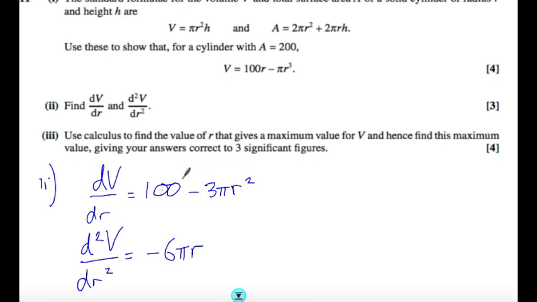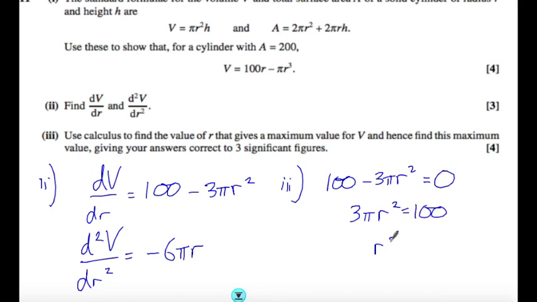Right, so we're going to have to set the first derivative to 0 and then solve it. So what I would do here is, so we know 3 pi r squared will equal 100, so r squared will be 100 over 3 pi.